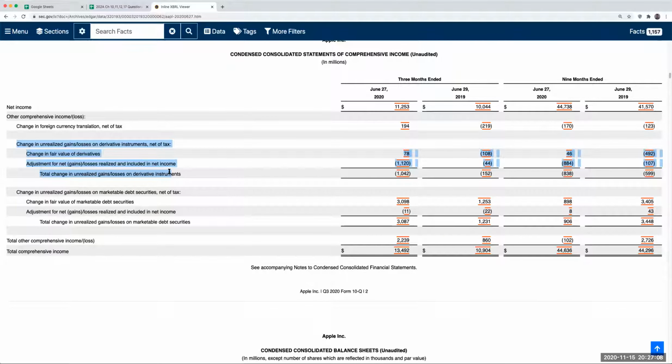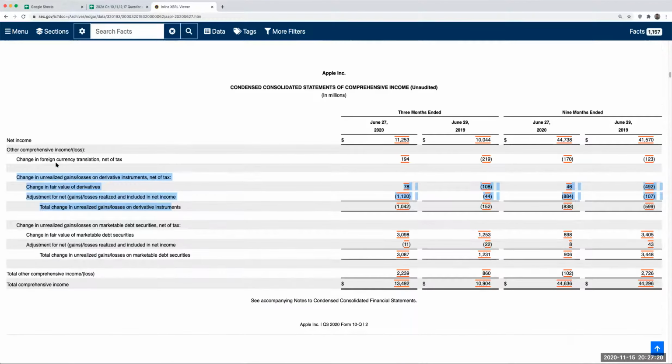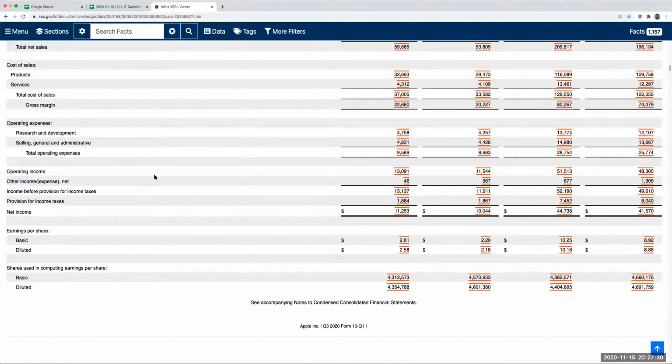But at the same time, it's really going to be along the lines of their unrealized holding gains. And that's what's really important to remember, that these aren't real gains. And this is why we're including them in what we call comprehensive income. If we actually sell the securities, we're going to put it up here in other income expense.